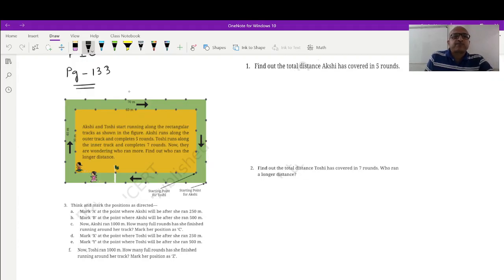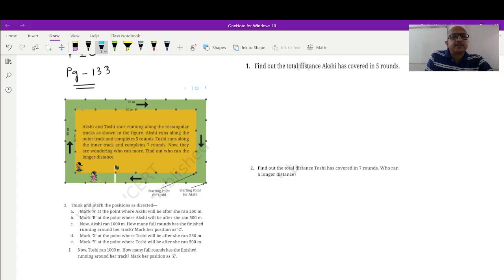So before we go further, let us understand that this total length is given as 70 meter, right? And how many parts are there? 1, 2, 3, 4, 5, 6 and 7. 7 parts are there. That means the distance between two dots is 10. Is that clear?